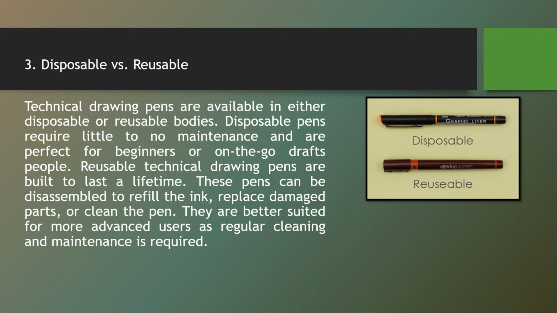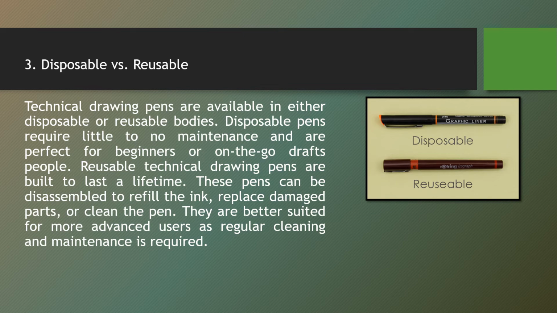And disposable and reusable. So they have two types of the pen. Ada yang disposable pakai sekali je, ada yang reusable. Yang mana reusable ni kita boleh refill dia punya ink. Okay, so technical drawing pens are available in either disposable or reusable bodies.